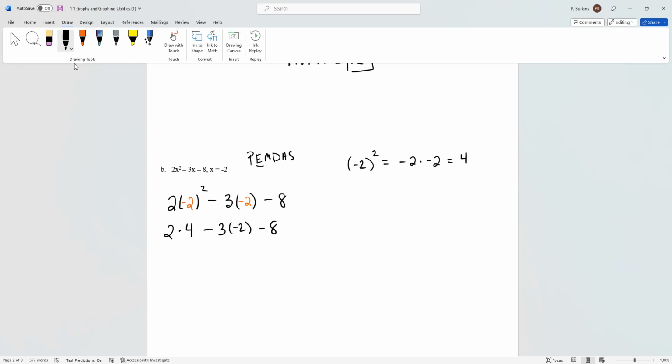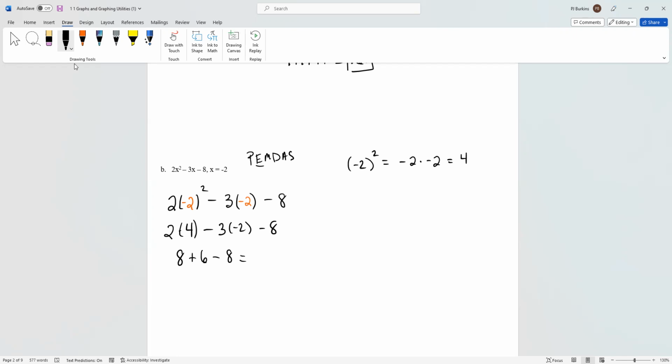All right, so 2 times 4, let's maybe just leave that in the parentheses. So 2 times 4, that's 8. Then we have -3 times a -2, that's +6. And then we have -8. Now you could do this left to right because it's all addition and subtraction.